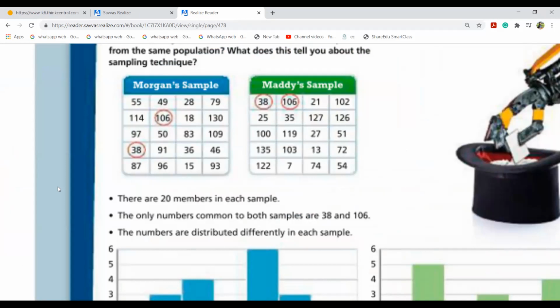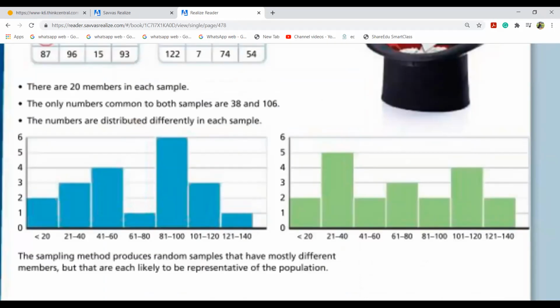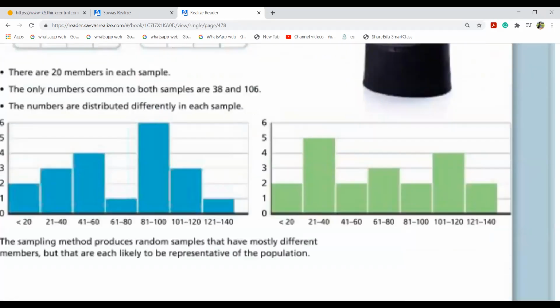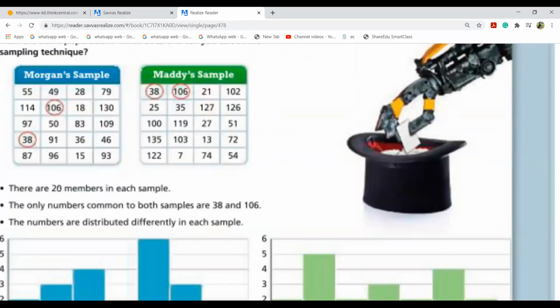Even Morgan has 38 and Maddie has 38. Now let us compare to Jeremy's sample. He has 126 and who has 126 here? Let us check. Oh, it's here. So Maddie and Jeremy have 126 in common.